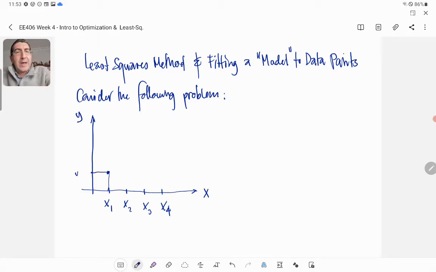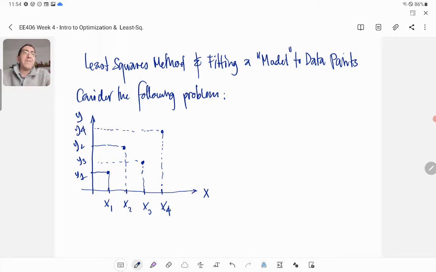Okay, so I have a y1, and let's say at x2, I have a y2. Let's say at x3, this is my y3, and finally, at x4, I have another y4.